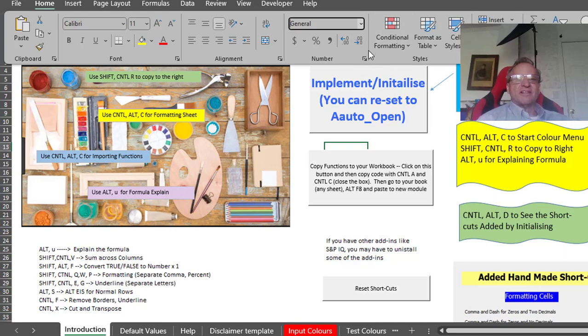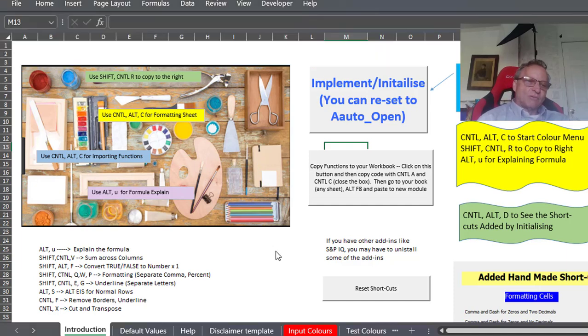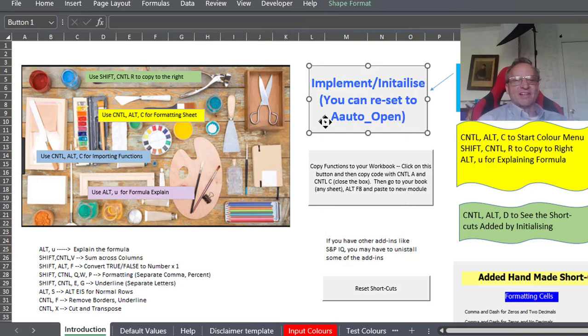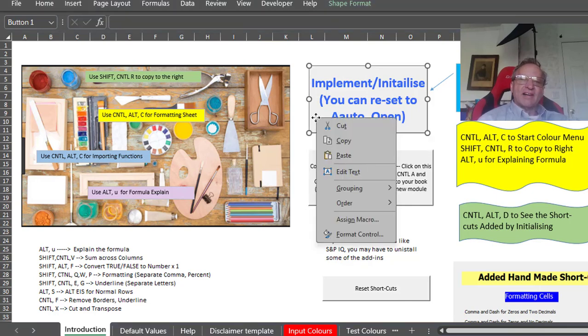Where is the sum one these days? I don't even know. I don't even use it anymore. Whatever. But if you want to see the shortcuts, and what I did while I was working on this, I thought, okay, let's show people how this works.